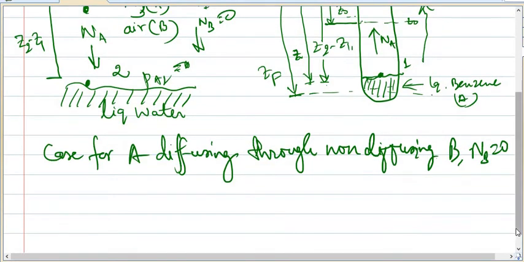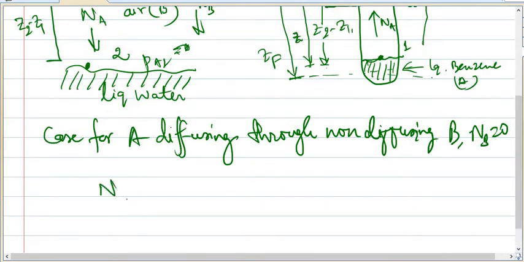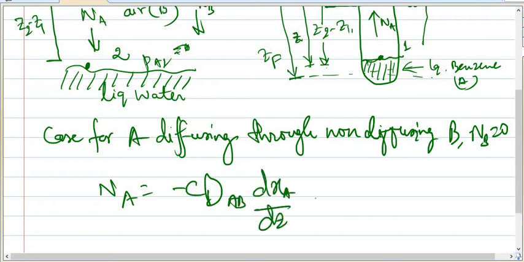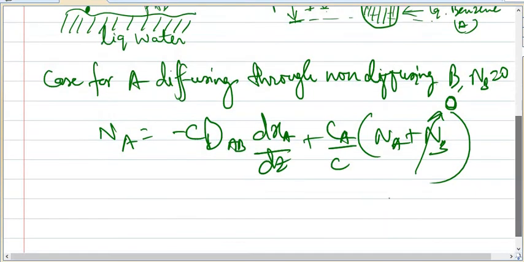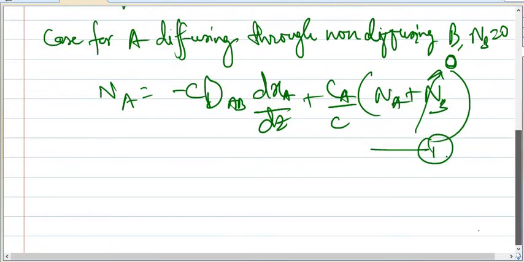In my earlier video we saw that for flux of A, convection plus diffusion, we can write NA is equal to minus C DAB dxA by dz plus xA times (NA plus NB). Since B is stagnant, B is non-diffusing, NB is 0, so it becomes NA plus 0. Now if we further solve, we find that the convective flux of A can be written as CA by C times (NA plus 0).